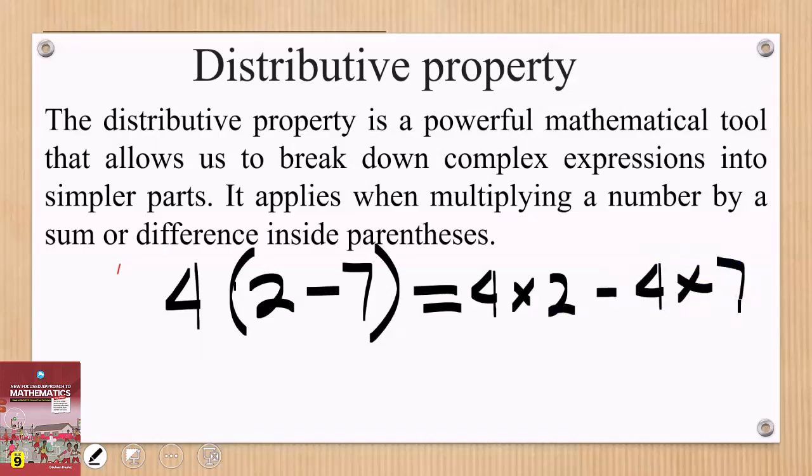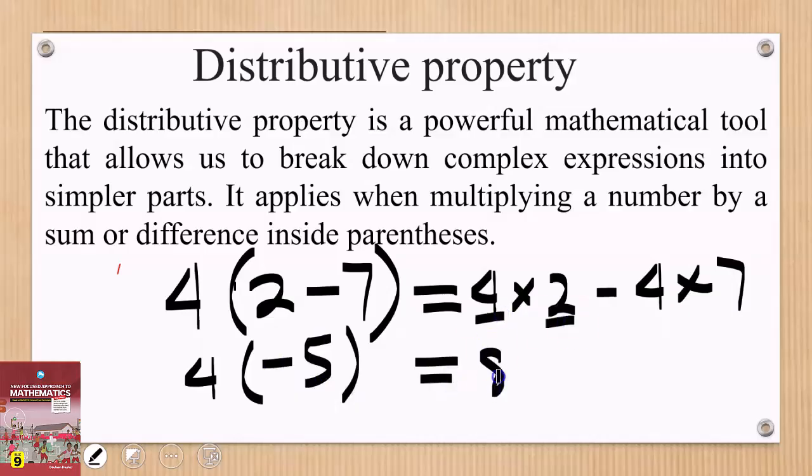Now, for the left-hand side, I have 4 multiplying 2 minus 7, which will give me negative 5. But on the right-hand side, if I multiply 4 and 2, that will give me 8, minus 4 times 7 will give me 28 as well.